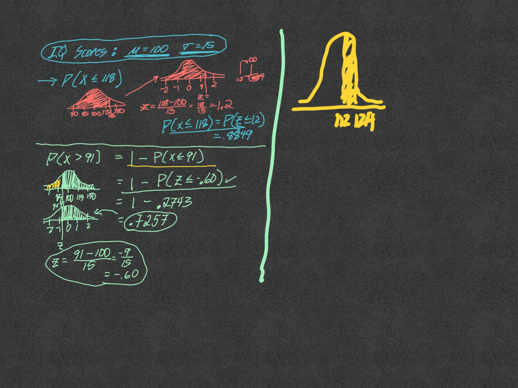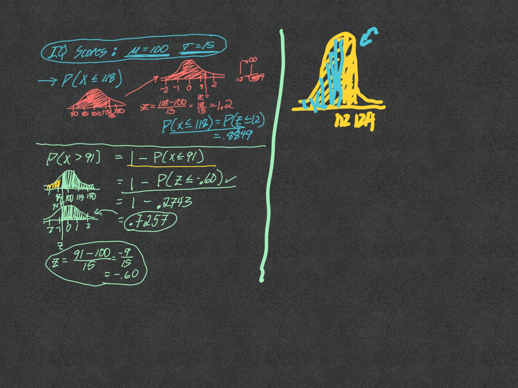And if you remember, when we're doing these, what we do is we take the whole probability less than 124, and then we subtract the probability up to 112, and that leaves us our original strip. Okay, so there's our diagram.